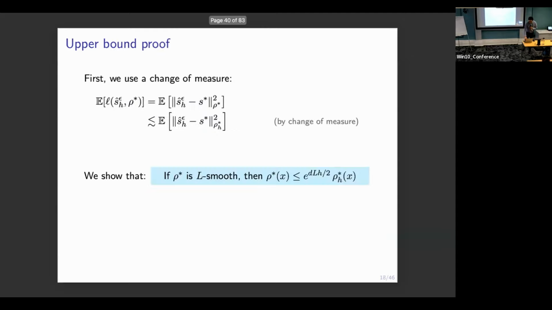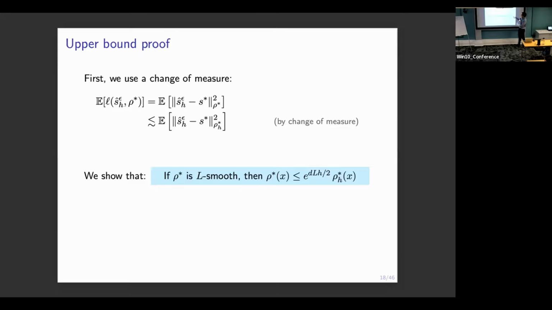So first, this is the error that we want to bound, and by definition it is the expected value of this L2 loss of the two vector fields weighted by rho star, the unknown distribution. It turns out the computation will be much easier if we replace rho star by the smooth version, rho star convolved with a Gaussian with this h.